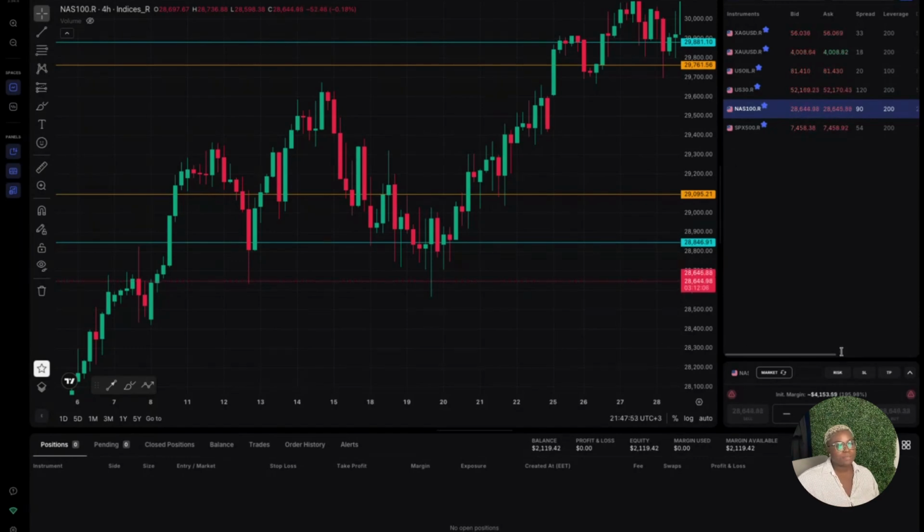I typically like to measure the distance between these moves. If I have my higher high or my higher low, and let's say price makes a higher low and now it needs to make another higher low, you don't know where it's going to stop, right? But if I can have an idea, and it doesn't always land perfect for me, which is why I have this 3-point measure of how I do it.